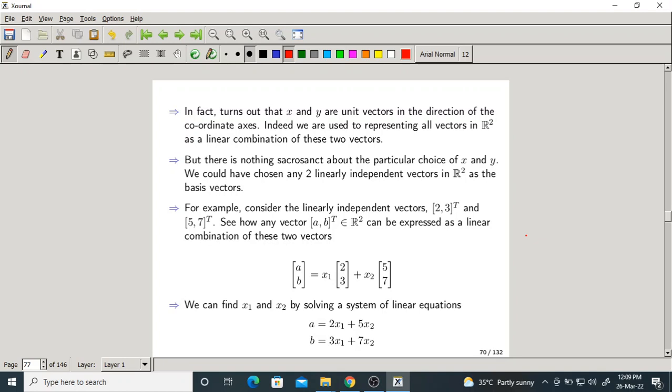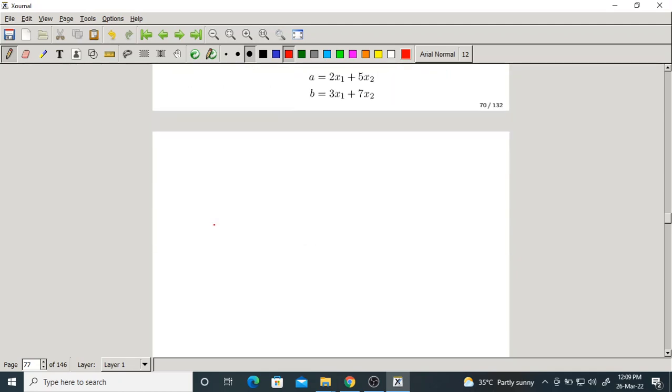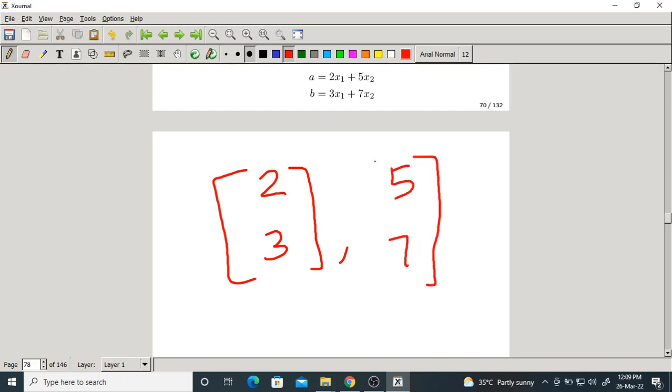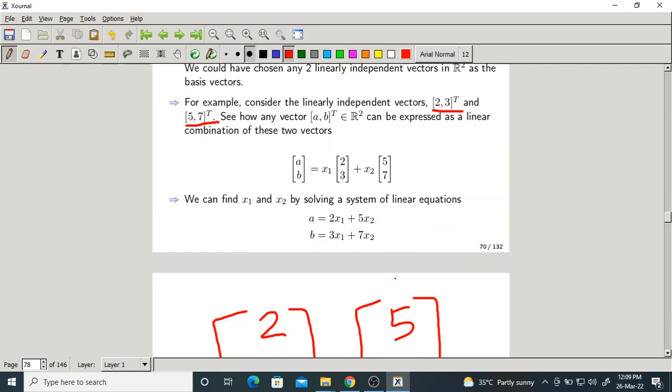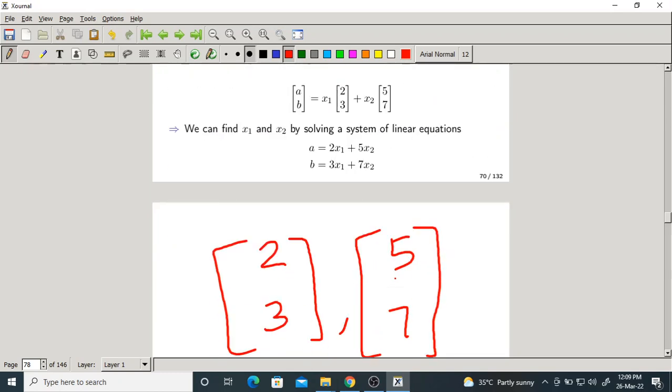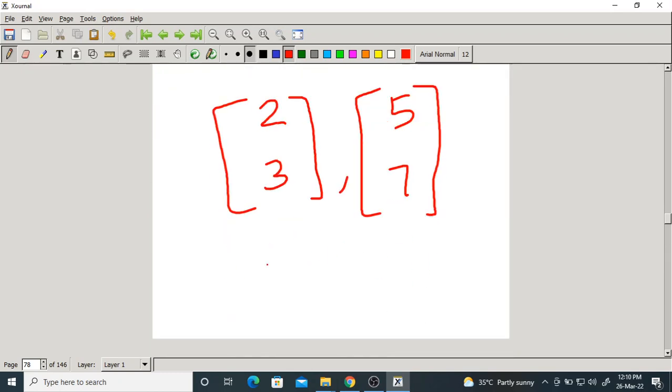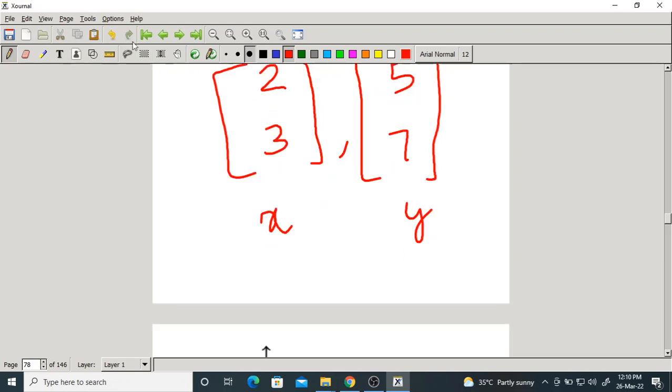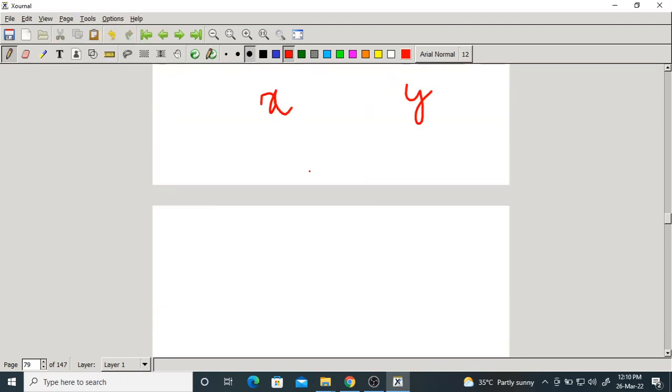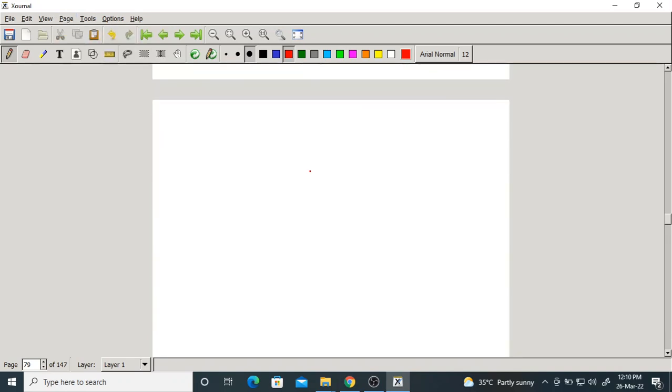For example, I am taking (2, 3) and (5, 7) as basis vectors. So these are basis vectors, X, Y. Then how to write AB?